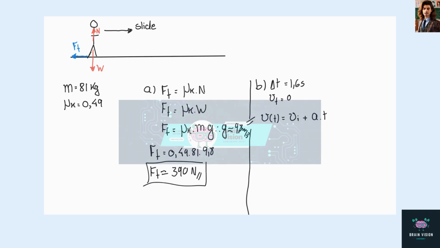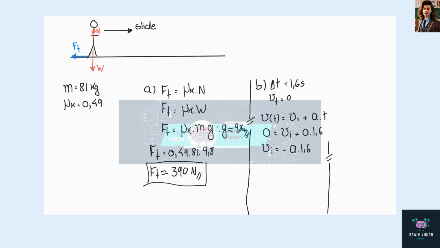The final velocity is 0, so 0 equals the initial velocity plus the acceleration times 1.6, which is the time it took for the velocity to become 0. Then the initial velocity equals minus the acceleration times 1.6.